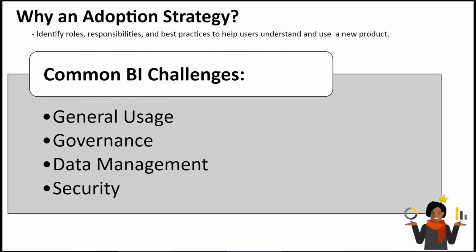User adoption is another general usage challenge, and that can be how to create a center of excellence for internal discussion with users, where they can do things like post policies, ask and answer questions, and share knowledge.